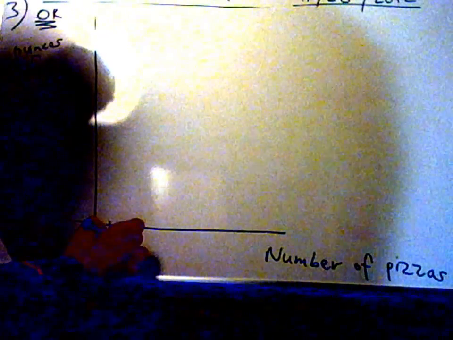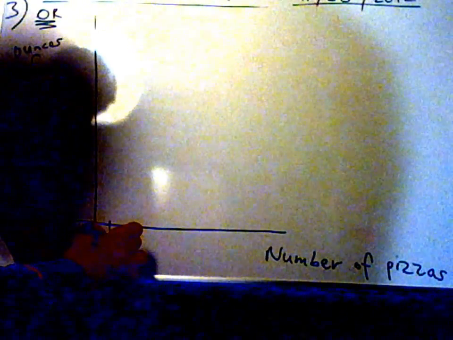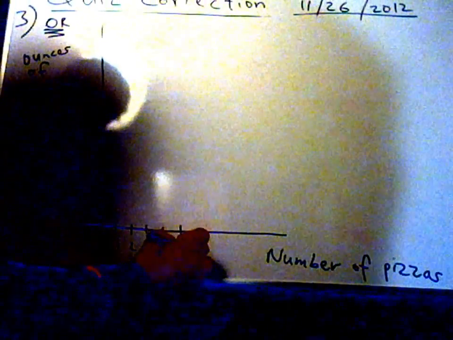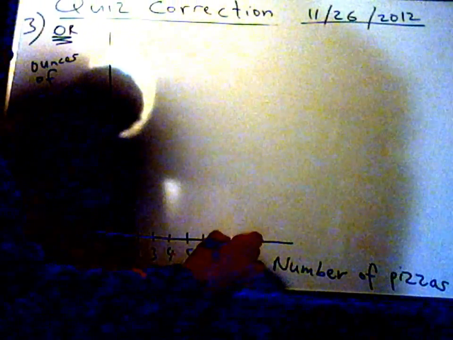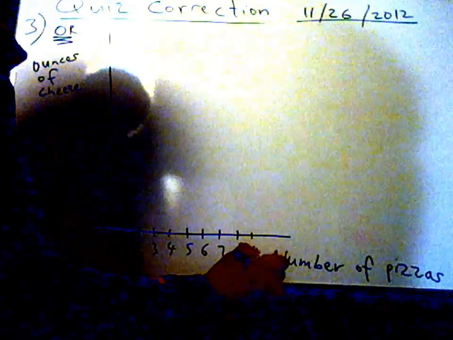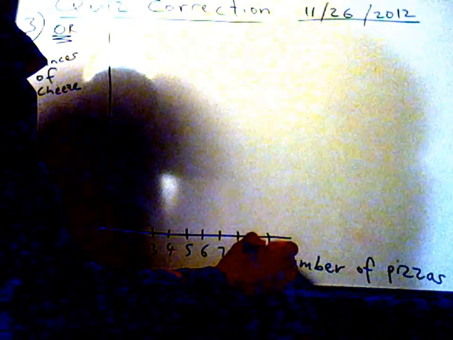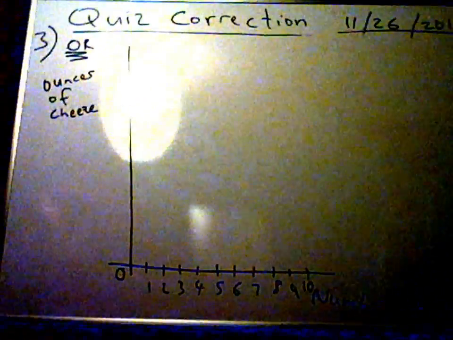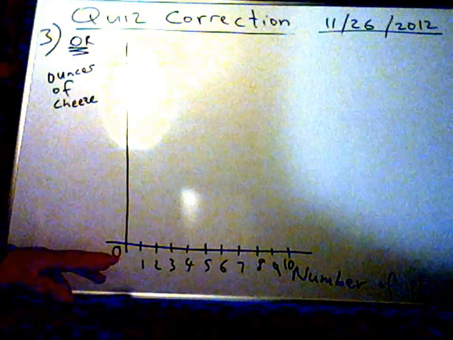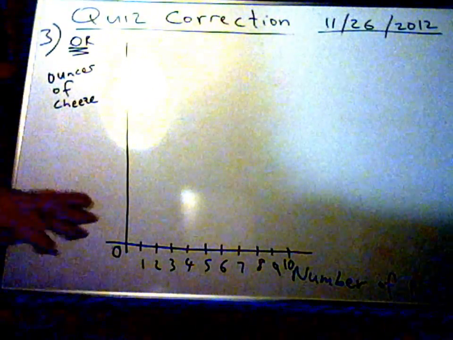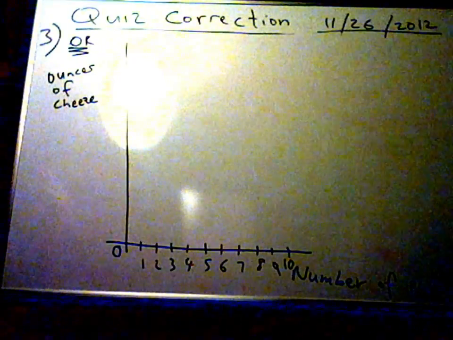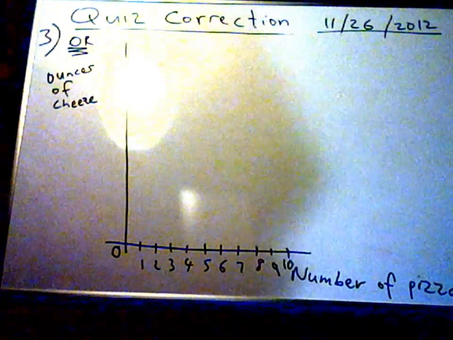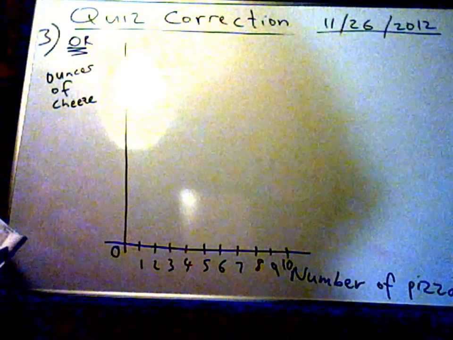And I have 1, 2, 3, 4, 5, 6, 7, 8, 9, 10. The mistake that some of you made was that you just wrote out the 1, the 4, the 7, and the 10 from the table without having an even scale. You can't just put numbers on the axis. You have to have an even scale.